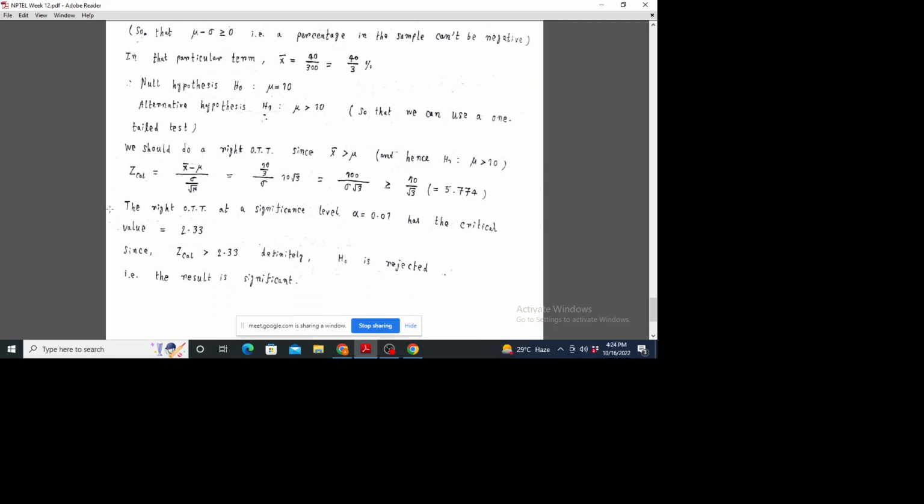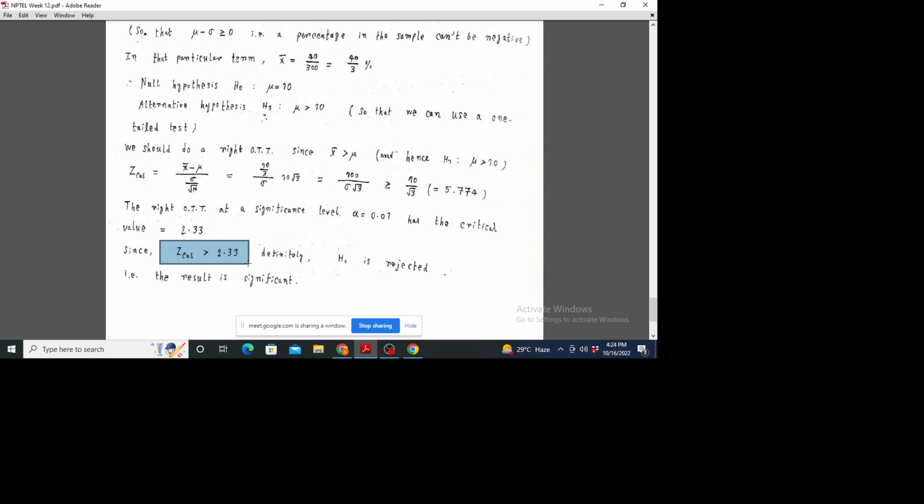Now the right one-tailed test at a significance level alpha equal to 0.01 has the critical value 2.33. Again, this can be found from the table. Now z cal is greater than 2.33, since 2.33 is less than the minimum value of z cal.